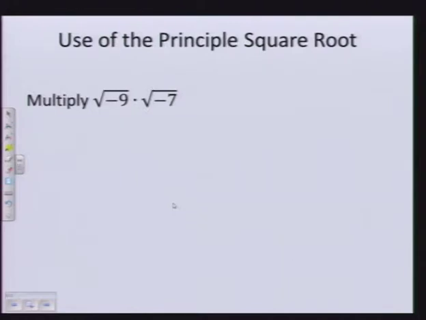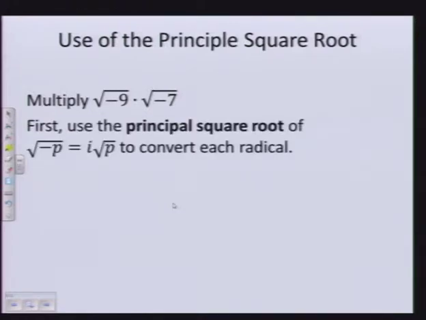First, we're going to use the principal square root and convert from the square root of -p to i times the square root of p. Again, we're going to do this for each radical. So first, we're going to take a look at converting the -9 underneath the radical. The square root of -9 is equal to the square root of 9 times the square root of -1.